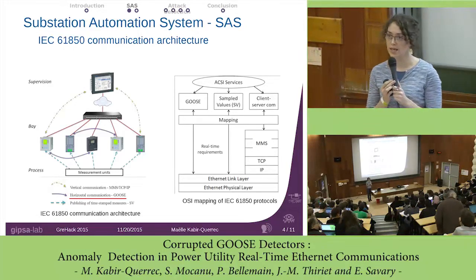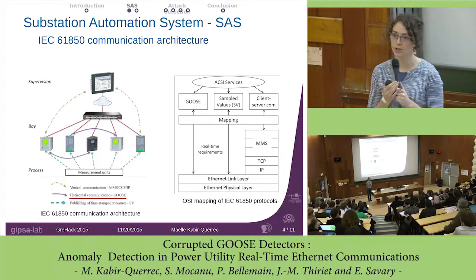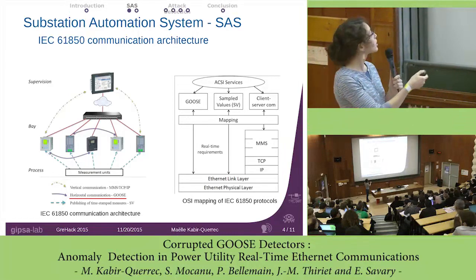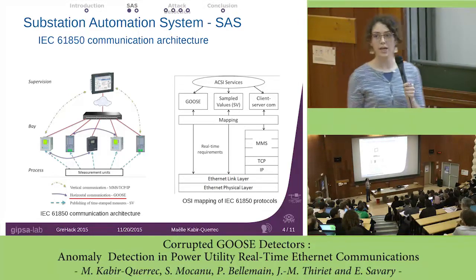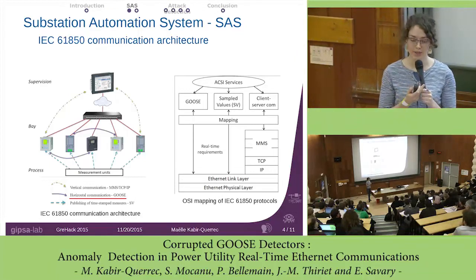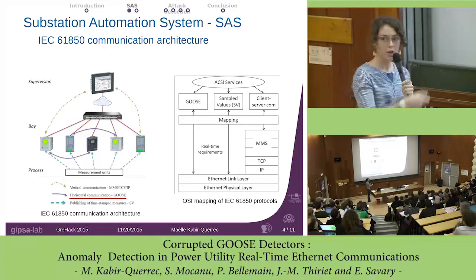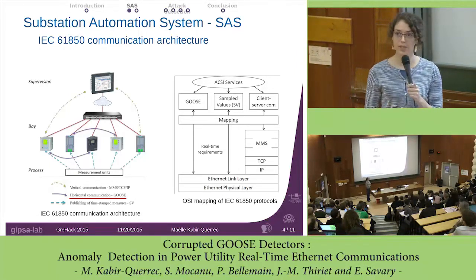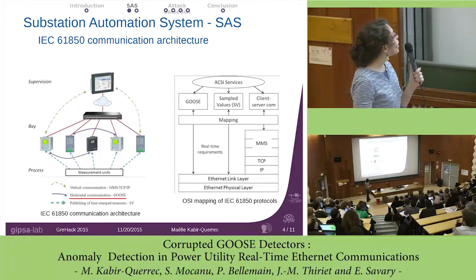Actually, they are ICS, so industrial control systems, dedicated to substation automation. And the third level is supervision. I also call it SCADA. The previous speaker, Mr. Ben Aloui, said the SCADA was all of it, but if I use the term SCADA, I will refer to the supervision level.